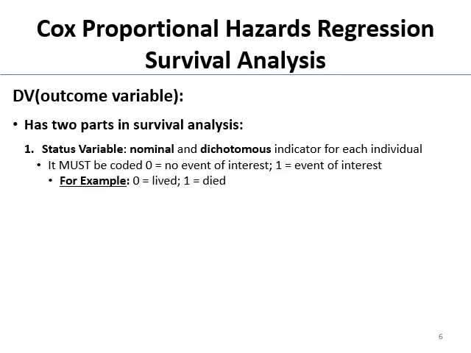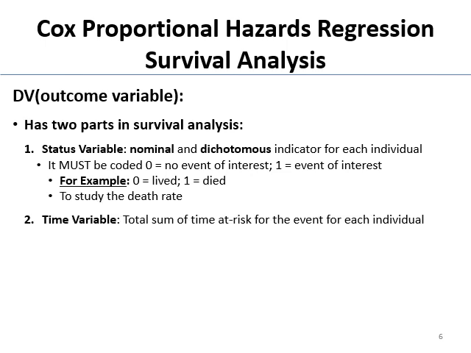Here's the funky part. Oh, sorry. For example, 0's lived, 1's died, if you were studying a death rate. So here's the funky part. There's a second piece to the DV. It's the time that each individual was followed up and during which they could have had that potential dichotomous outcome occur, right? So it's usually done in days, but it's the time at risk is what we call it.